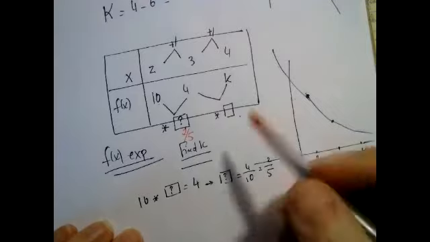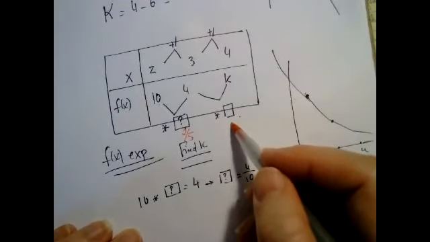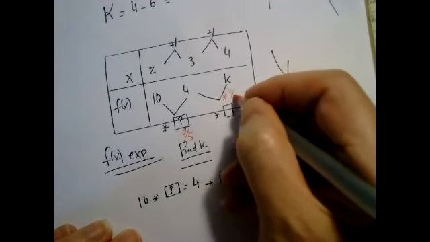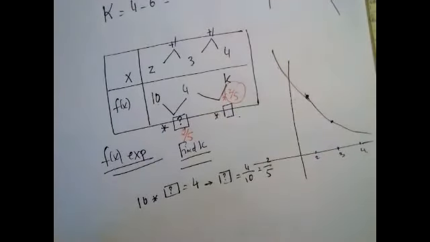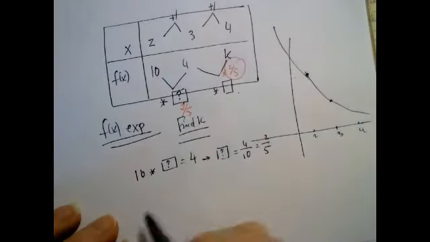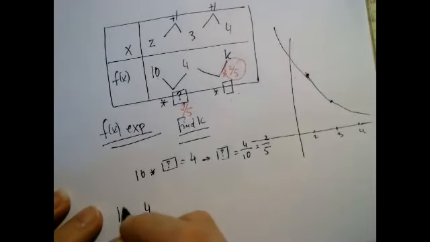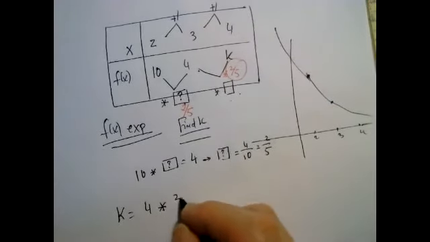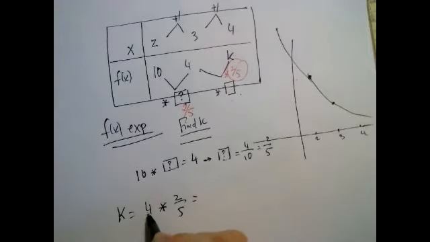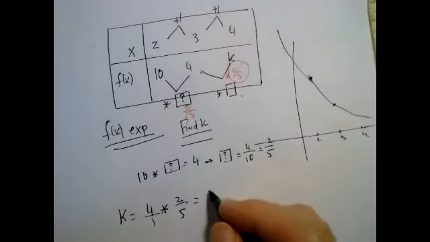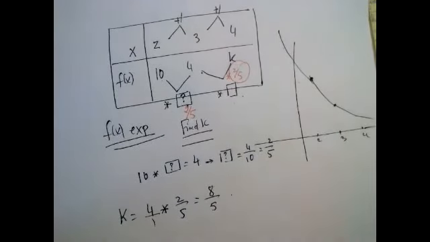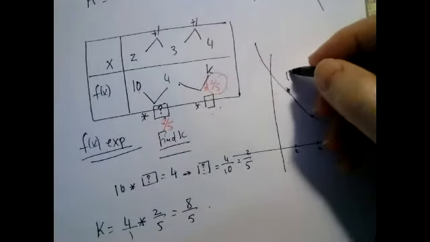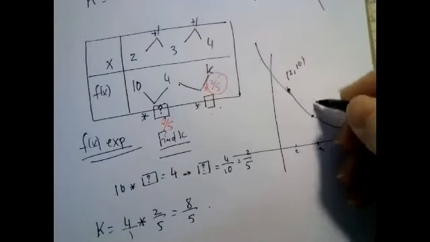If this is the case, it means from here to here, I need to multiply by the same amount. So from here to here now, I should multiply by 2/5. So now what is my k? 4k should be the previous value, the one a little bit before it, times the 2/5. Now we're multiplying fractions, so we'll multiply across. This is going to give me 8/5. And that will be the value of k. So at 2, you are at 10.